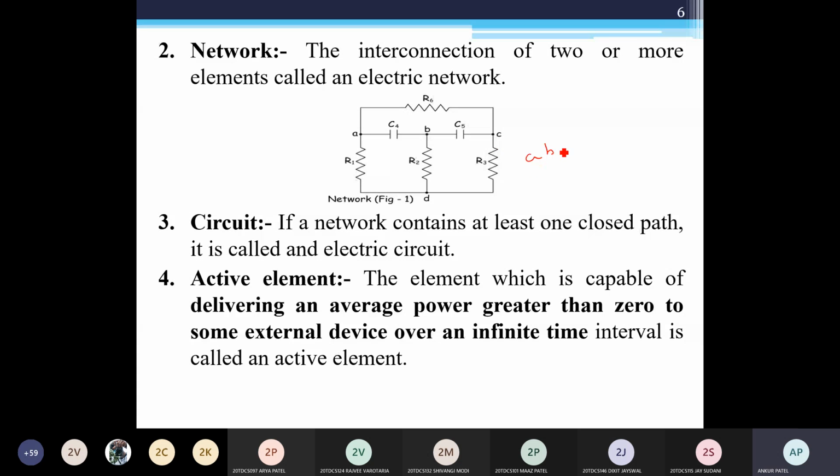This is a branch, BAD. This is also a branch, BCD, and this is also a branch, BD. Branch means it lies between two junction points, where elements are connected.